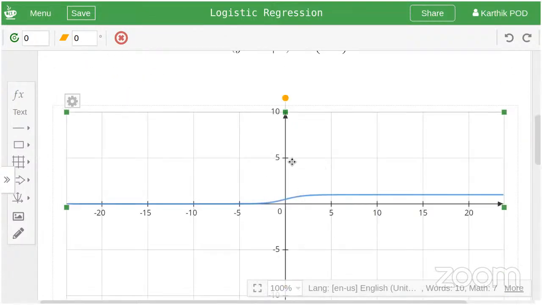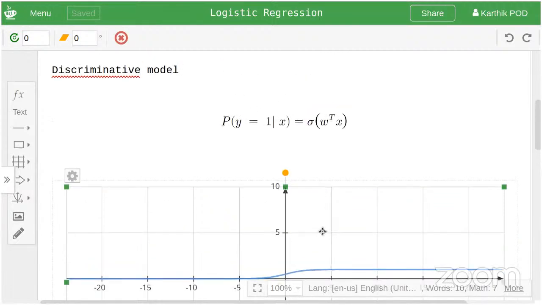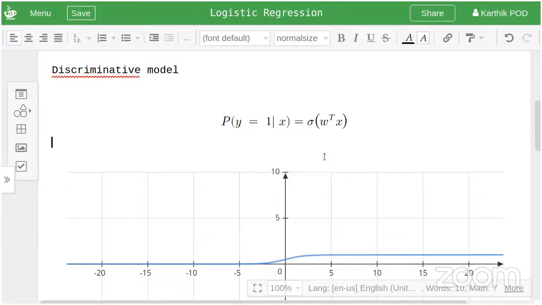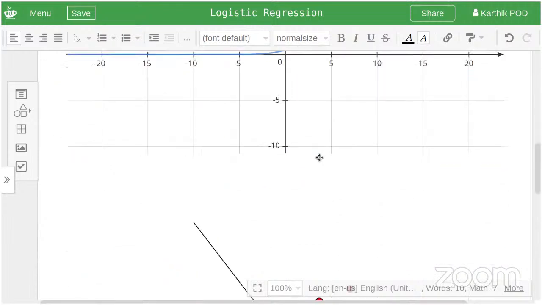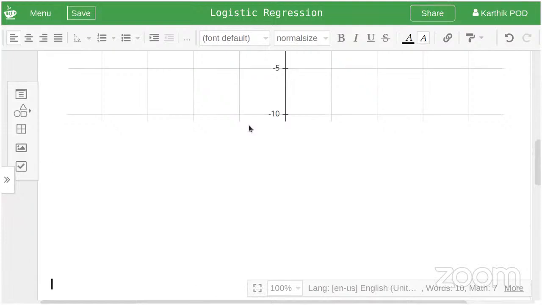Okay, so this is between minus infinity to infinity, right? That's on the x-axis, and on the y-axis, it's between 0 and 1, right? So this graph is something you'll have to remember. It's very important, it will come in very handy during the exam. Okay, so that's the sigmoid function, and that's your conditional probability.